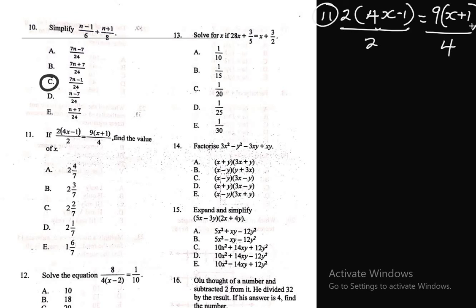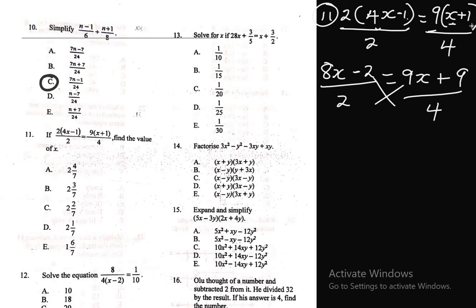Alright, we need to use the term outside the bracket to multiply each of the term inside the bracket. So 2 times 4x will give us 8x minus 2 times 1, 2 over 2 equal to 9 times x, 9x plus 9 times 1, 9 over 4.